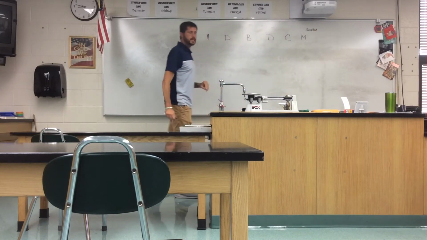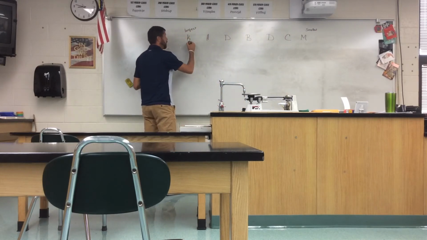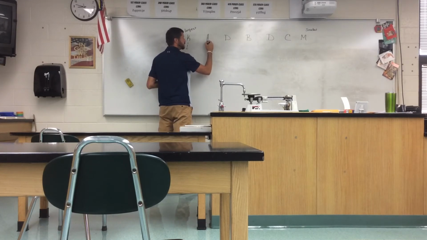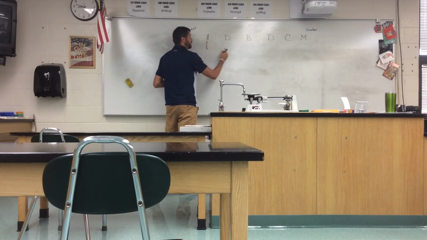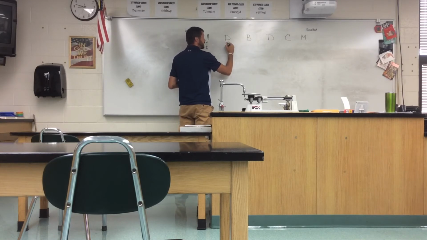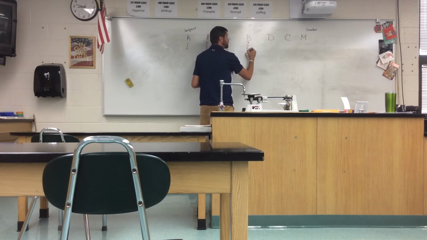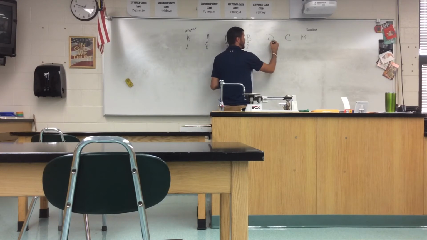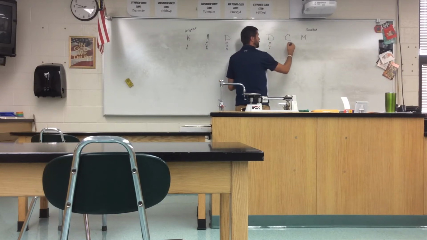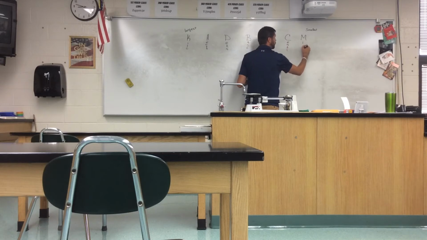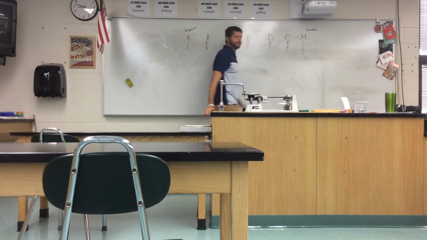So each letter stands for something. Kilo, King stands for kilo. Hecto, or Henry stands for hecto. Died stands for deca. By stands for base. Drinking stands for deci. Chocolate stands for centi. And milk stands for milli.